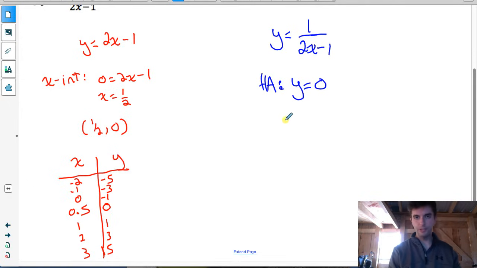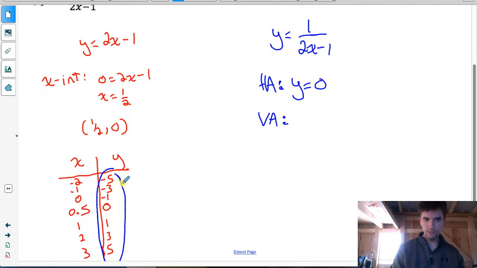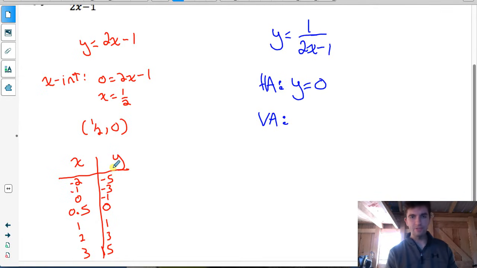That explains our horizontal asymptote, but it also has a vertical asymptote. So keep in mind this function is the reciprocal of this function. So whatever the y values for this function were, for the exact same x values, these y values will be 1 over those values.